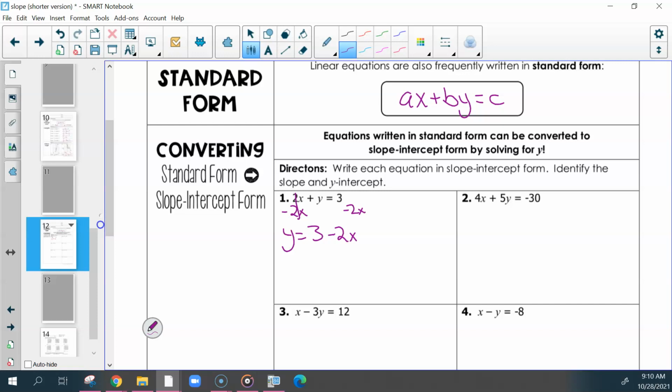I'm rewriting it. I'm not actually subtracting it. And then to get it back in slope-intercept form, I need to switch these two. So it's still going to be negative. Your signs stay the same. Dark magic.